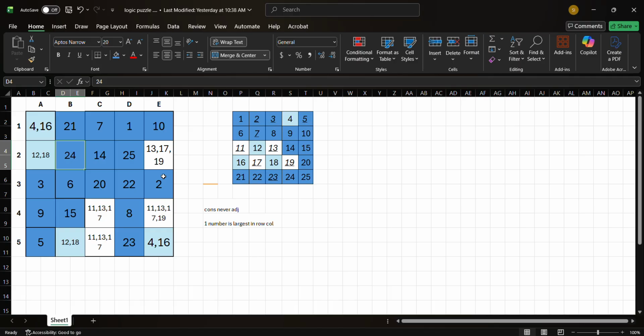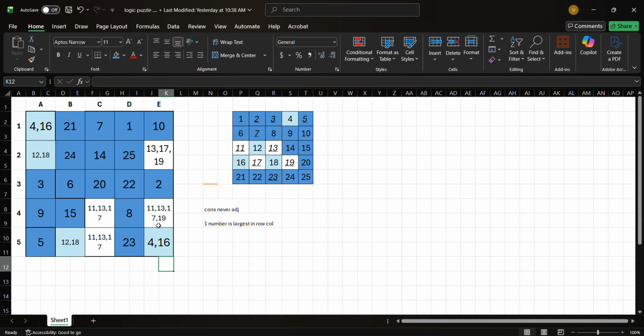Right. What else do we know? So 19's only in these 2 spots.